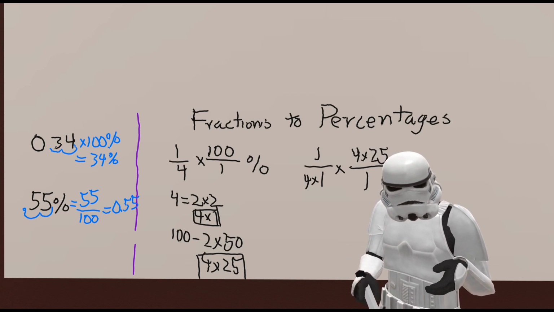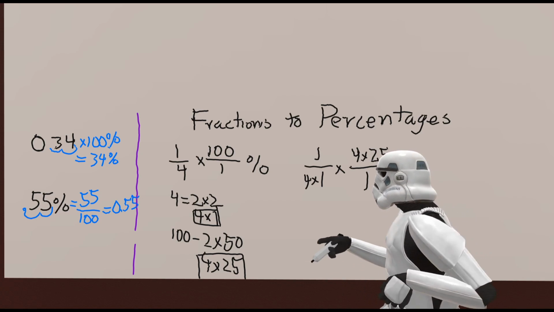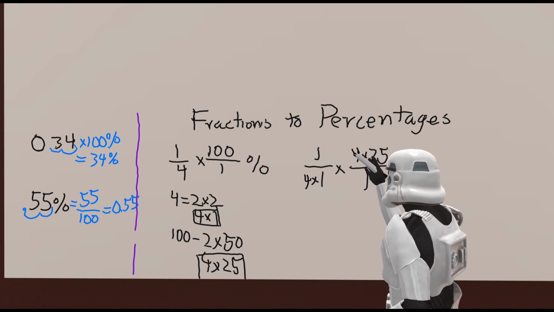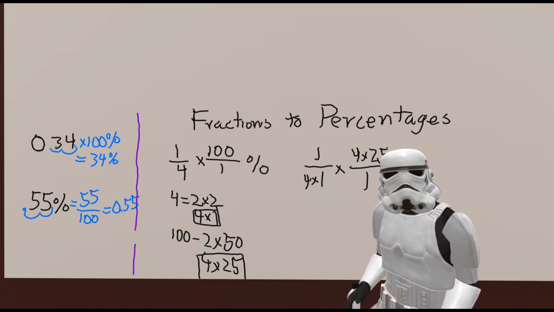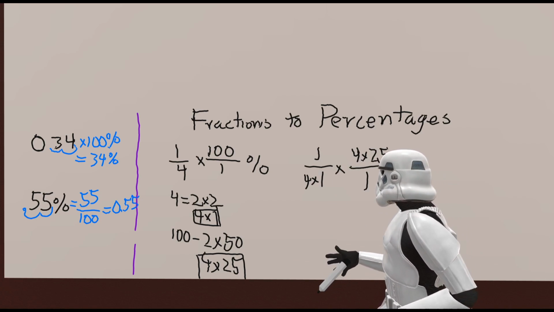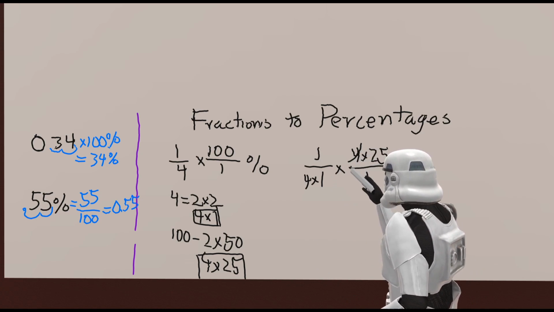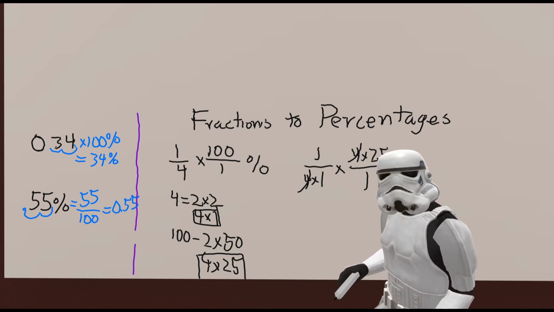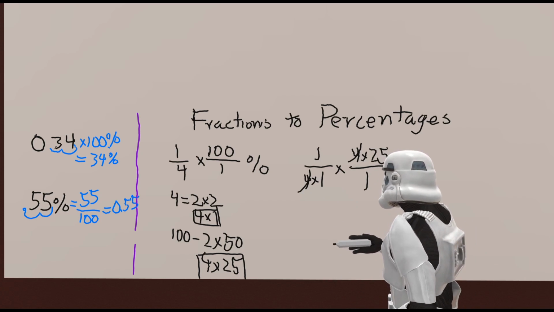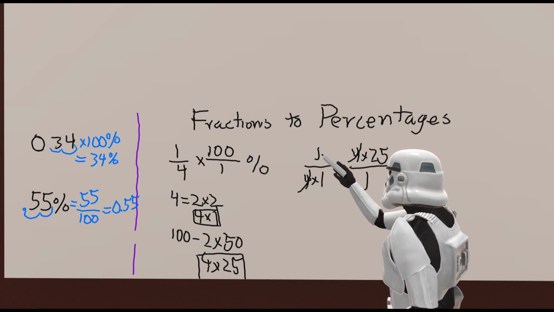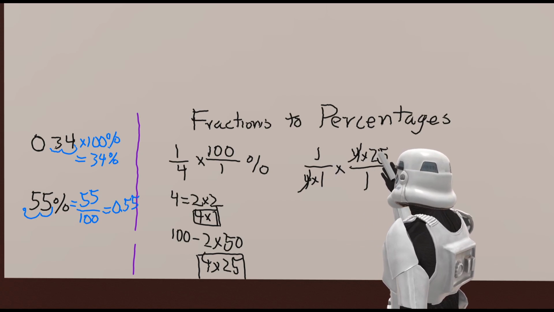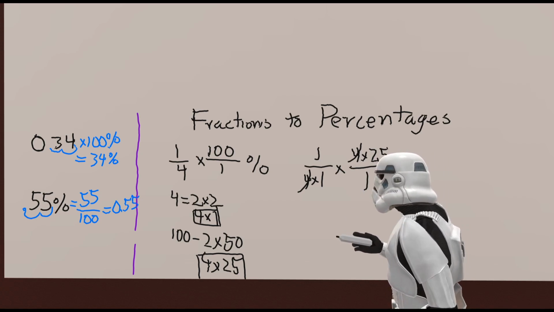So now we have a 4 on the top and a 4 on the bottom. So they're going to be able to cancel each other out. So let's cancel the 4's because 4 divided by 4 is just 1. So now we're left with a 1 on the top, a 1 on the bottom, 25 on the top, and a 1 on the bottom.